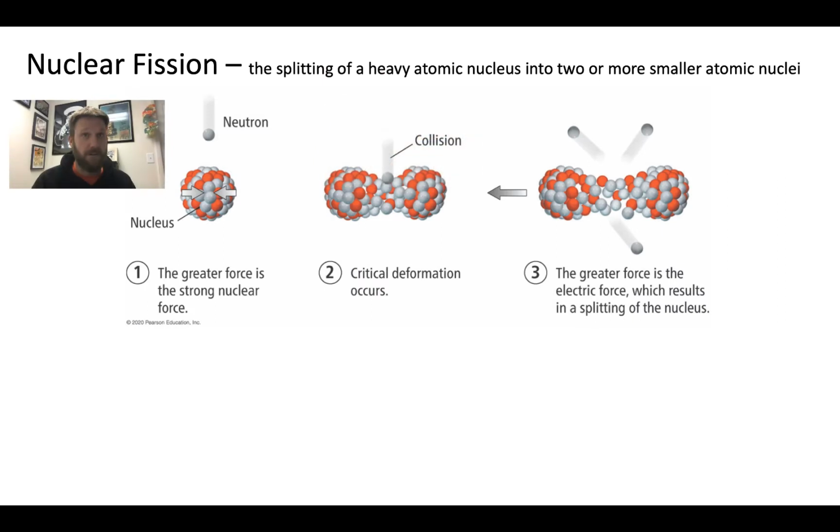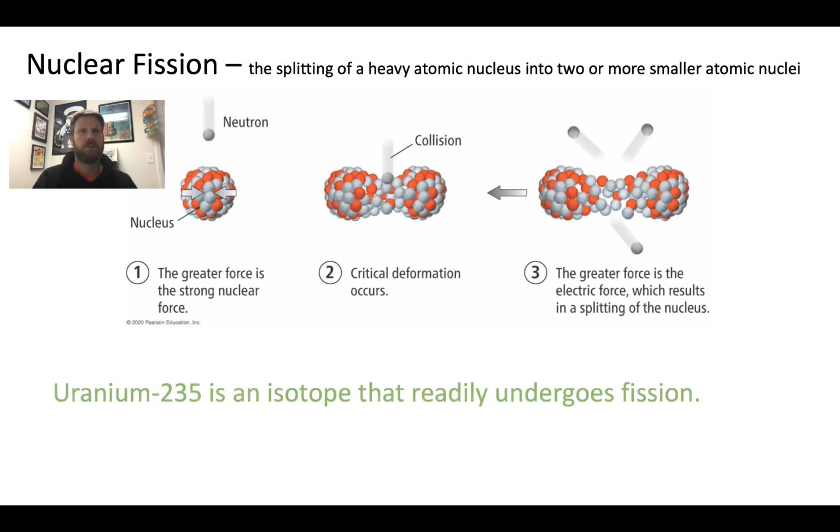So let's talk about fission. Nuclear fission occurs in nuclei containing a lot of protons and neutrons, like the nucleus of a uranium-235 atom shown here. The strong nuclear force dominates if the nucleus maintains a spherical shape. Natural wiggliness of protons and neutrons can sometimes produce an oblong-shaped nucleus.